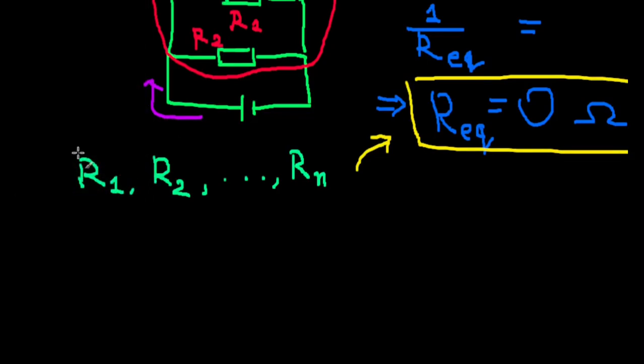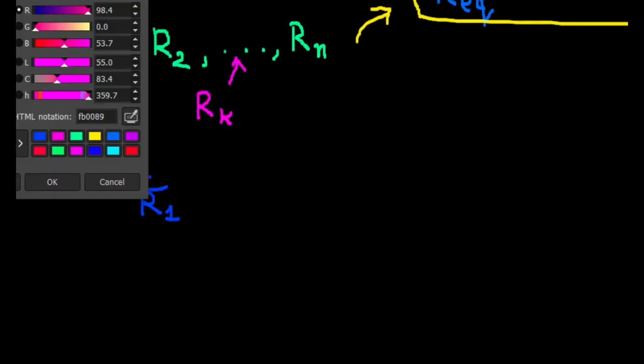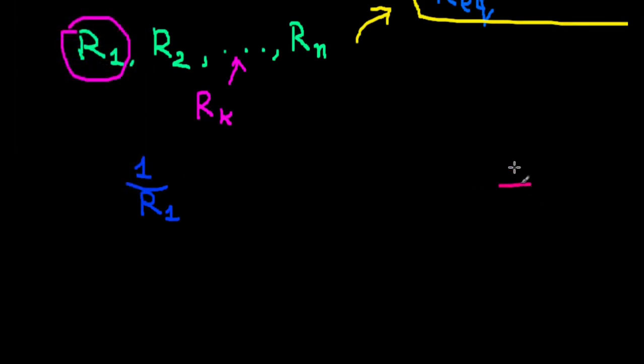Suppose R1 is your smallest resistance. We could pick any one; if you want to be mathematically rigorous, you could say some resistance R sub k is going to be the smallest. Anyways, the result is still going to be the same. So let's set up an inequality. Let's have 1 by R1 on this side, and on this side I'll also keep the same thing, 1 by R1.